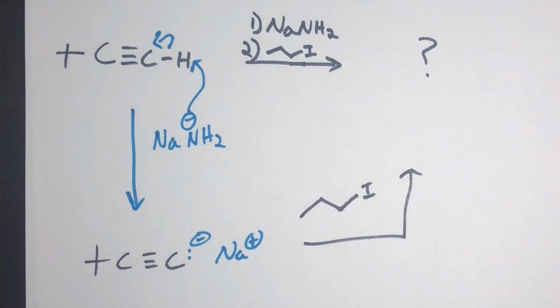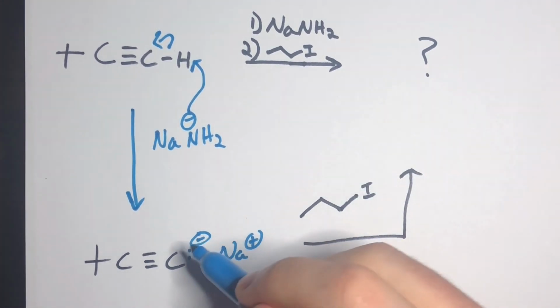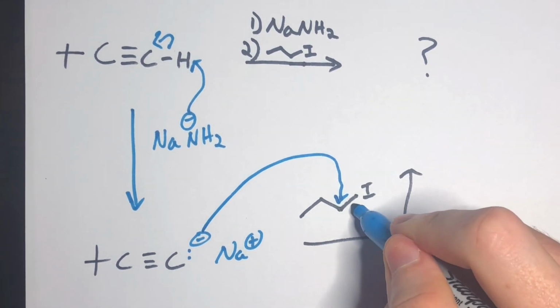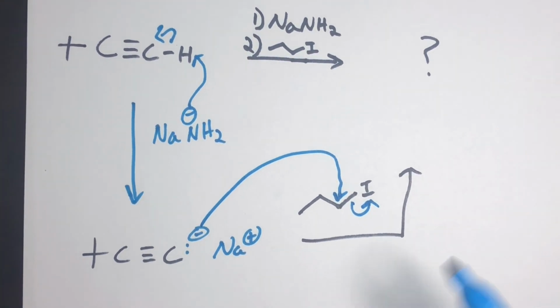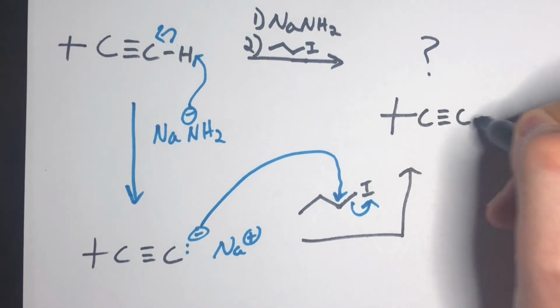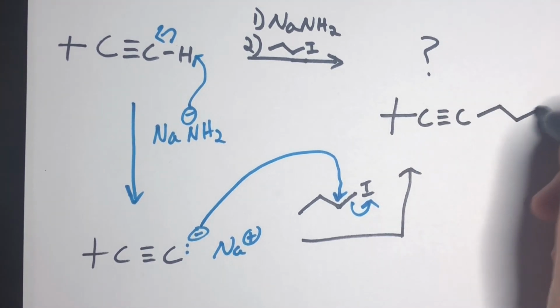So what's going to happen is our carbanion will function as a nucleophile, create this new carbon-carbon bond, and then we'll dump the electrons onto our leaving group, and we create our final product, which extends the carbon skeleton, right?